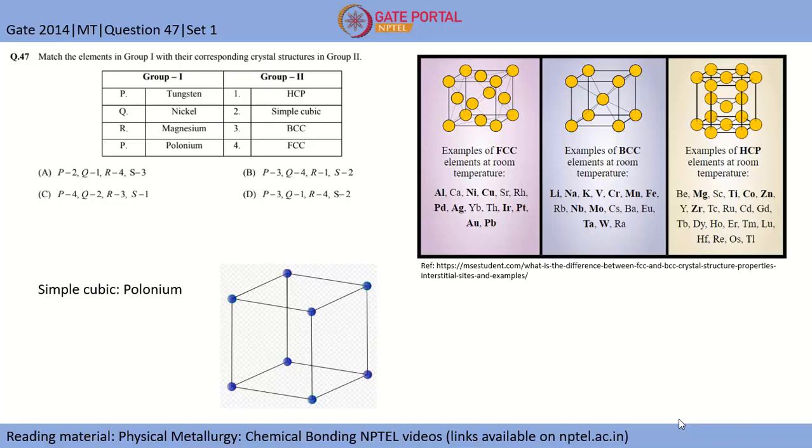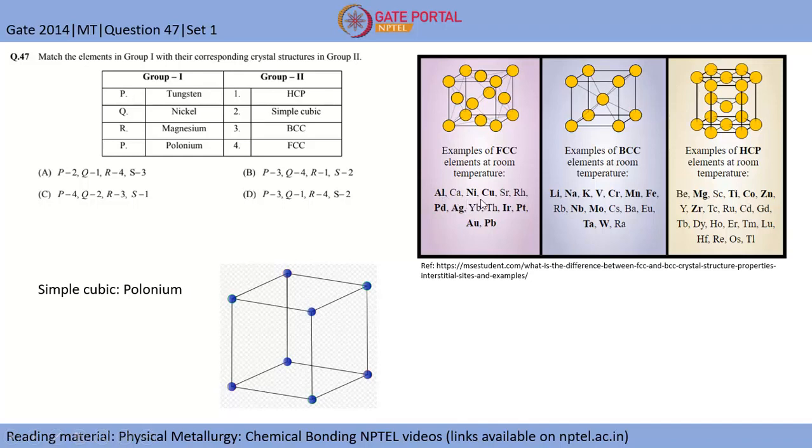Coming to the crystal structures, most of the metals or elements solidify in four crystal structures. The most common is FCC because it is a close packed structure. Here you can see this is the FCC lattice, where on all the faces you will have atoms present in the structure. The elements which have FCC crystal structure are aluminium, calcium, nickel, copper.